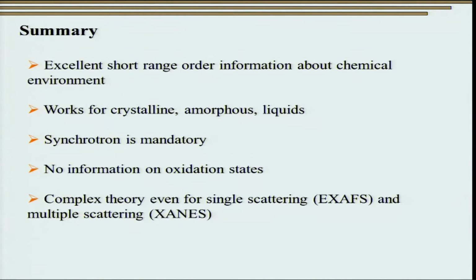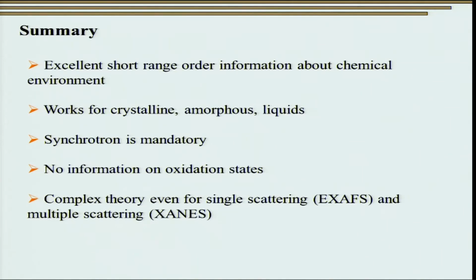Having said that, I hope you appreciate that we can get excellent short range order information about the chemical environment using X-ray absorption spectroscopy. We can also use this technique to study crystalline and amorphous materials as well as liquids. However, synchrotron radiation is almost always necessary for carrying out X-ray absorption spectroscopy.